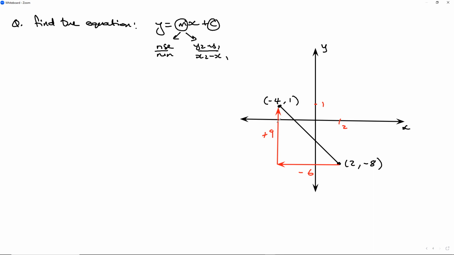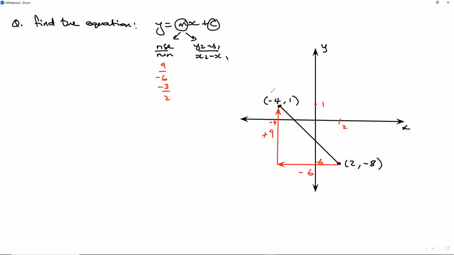So this is -2 until -4. So the jump there is 2 plus 4, which gets me 6 in the negative space. This one's going from -8 to 1. It's going to be +9 in the positive direction. So rise over run says it's going to be 9 over -6, which is -3 over 2, which is -1.5.